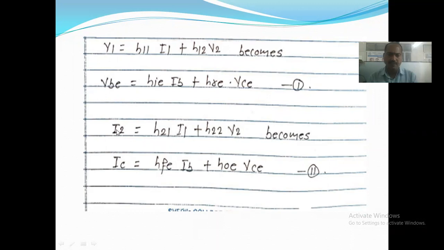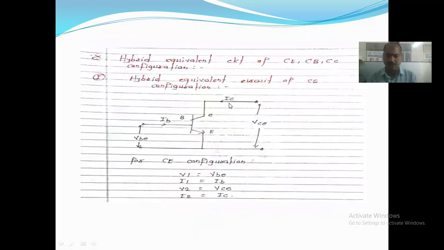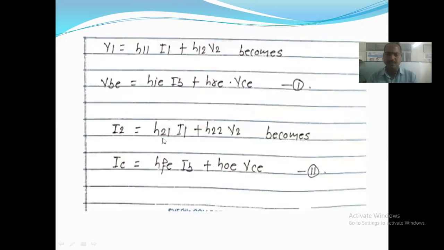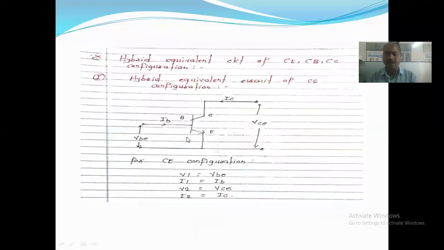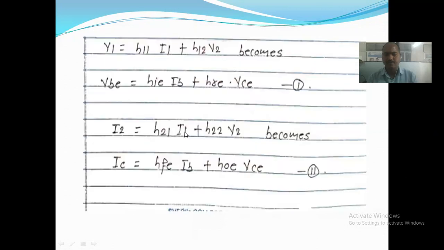Now the other equation: I2 equals H21 I1 plus H22 V2. I2 is the secondary current, so it is IC, and we write IC. H21 indicates the forward current ratio, the ratio of I2 divided by I1, so we write it as HF, and for the common emitter configuration, HFE. I1 is the input current flowing, that is IB, so it is multiplied by IB.